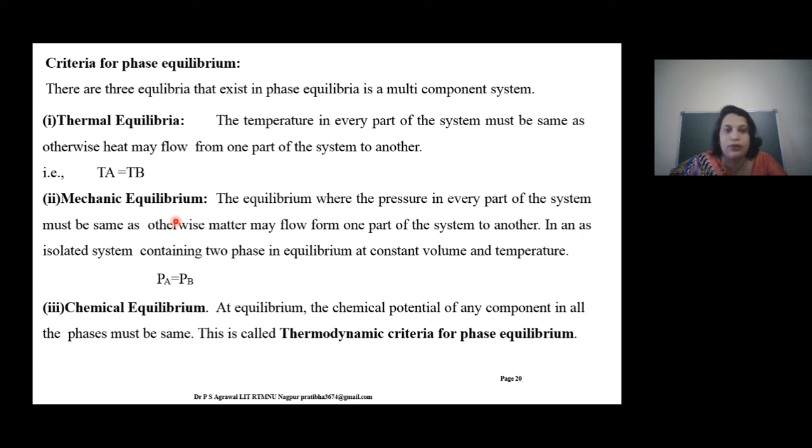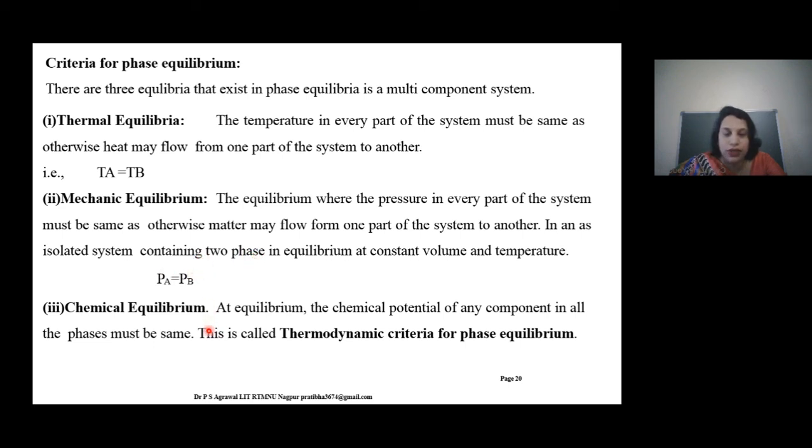In mechanical equilibrium, if a small amount of matter flows from phase A to B, then the volume of phase A decreases by a small volume dV and the volume of B increases by dV. But the pressures of the two phases, PA and PB, should be the same. So whatever the total change in volume, the total change will be 0. Mechanical equilibrium means PA is equal to PB.